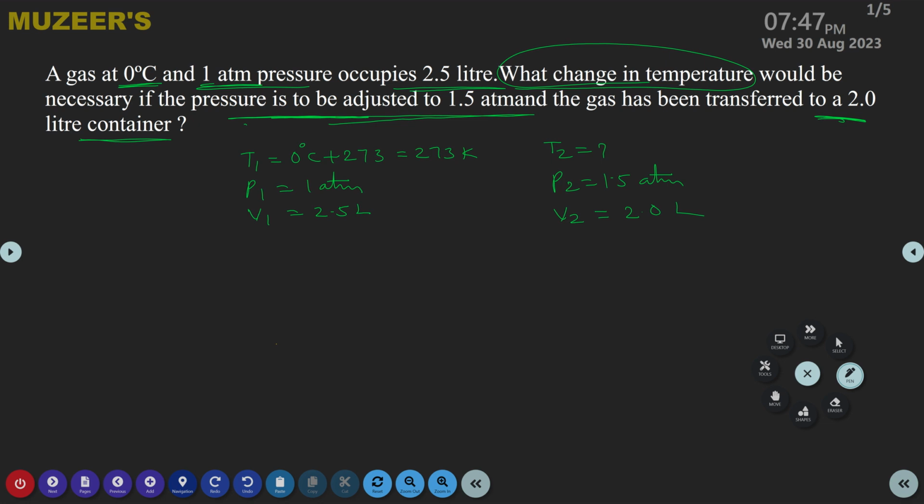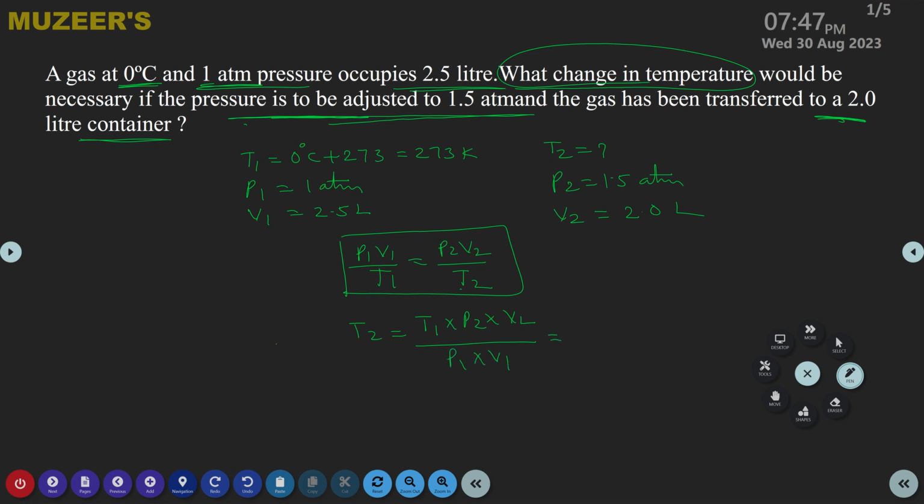So what is the relation between P1 V1 T1 and P2 V2 T2? P1 V1 by T1 is equal to P2 V2 by T2. Equation of state. Okay. So in which what we have to find? T2. Therefore T2 is equal to T1 into P2 into V2 by P1 into V1.